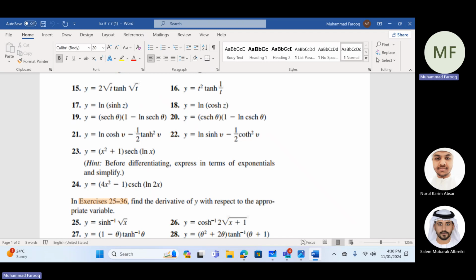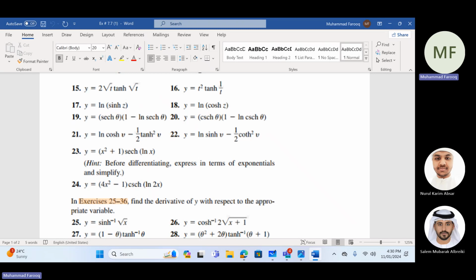Here for the cosecant, we will use the sine. Cosecant is the reciprocal of sine. So 2 over e power x minus e power minus x, and the powers will be ln 2x. So e power ln 2x minus e power minus ln 2x.